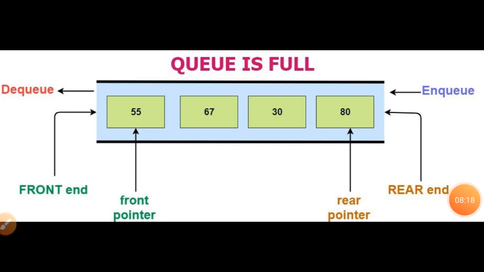So this is a queue, and it is having 4 elements. Suppose I am trying to insert an element into the queue, so what will happen? It is already filled with elements, so there is no possibility of inserting an element. At that time we have to give the message that the queue is overflowing.